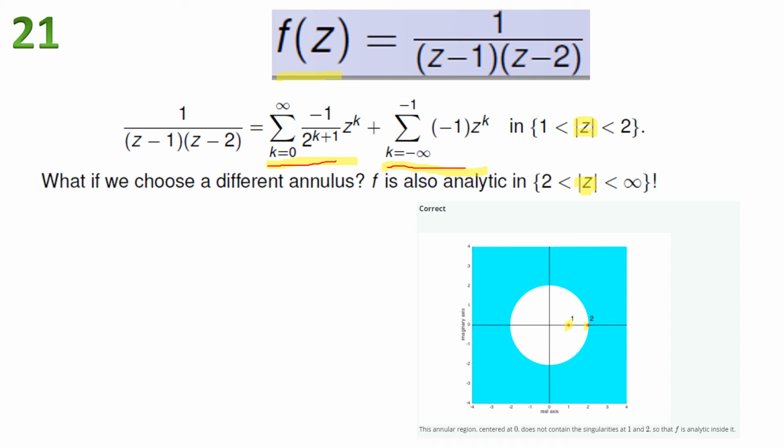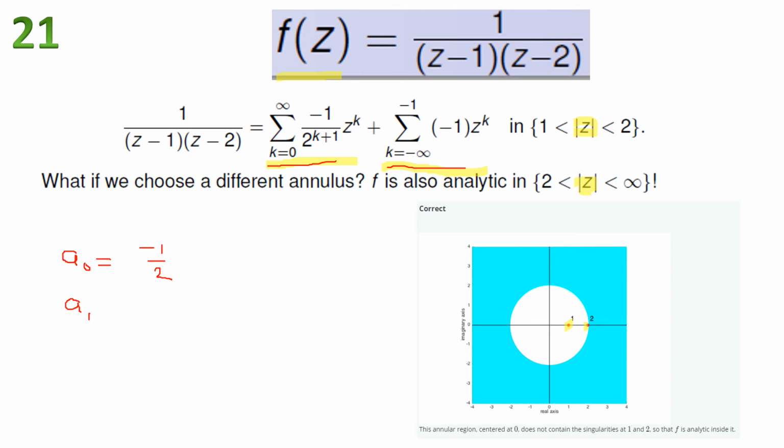Now when k is equal to 0, I'm talking about a0, and for a0 I'm writing 2 to the power 0 plus 1, that is 2. So minus 1 upon 2 is the first coefficient of the series. Then a1 we shall try.